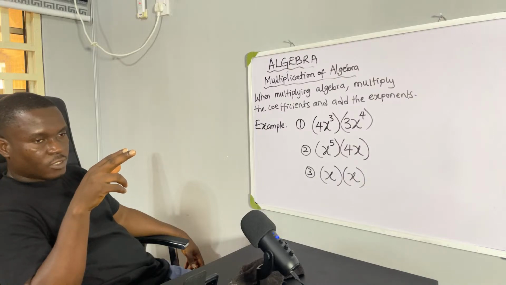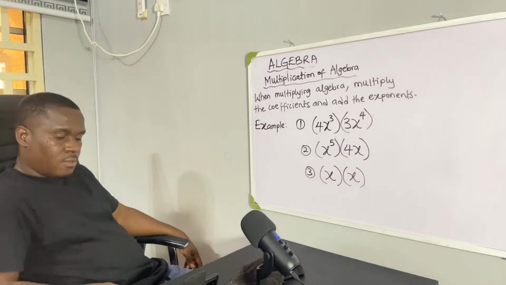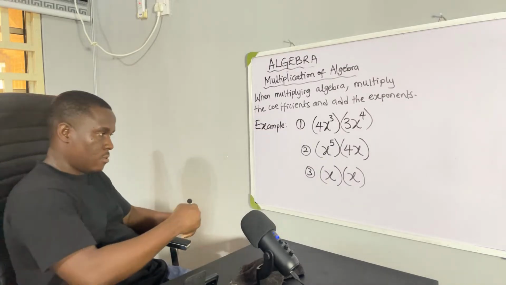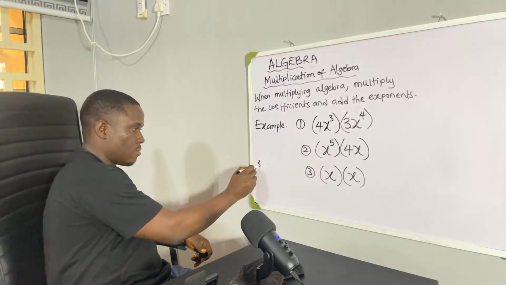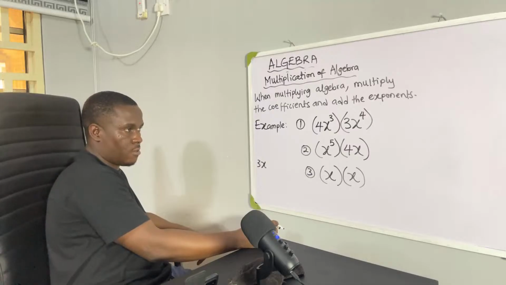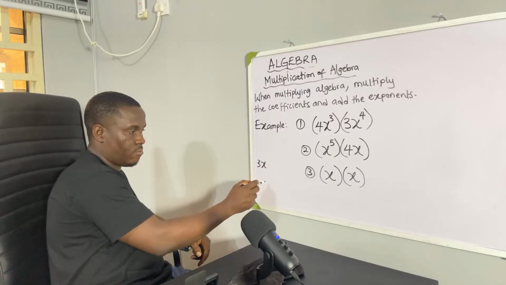What was the question we had? The question we had was 3x raised to the power 3 and 4x raised to the power 5. And then we did 3 times 4, that gave us 12. And then we had x, 3 plus 5 equals 7. And then we had 12 raised to 7.